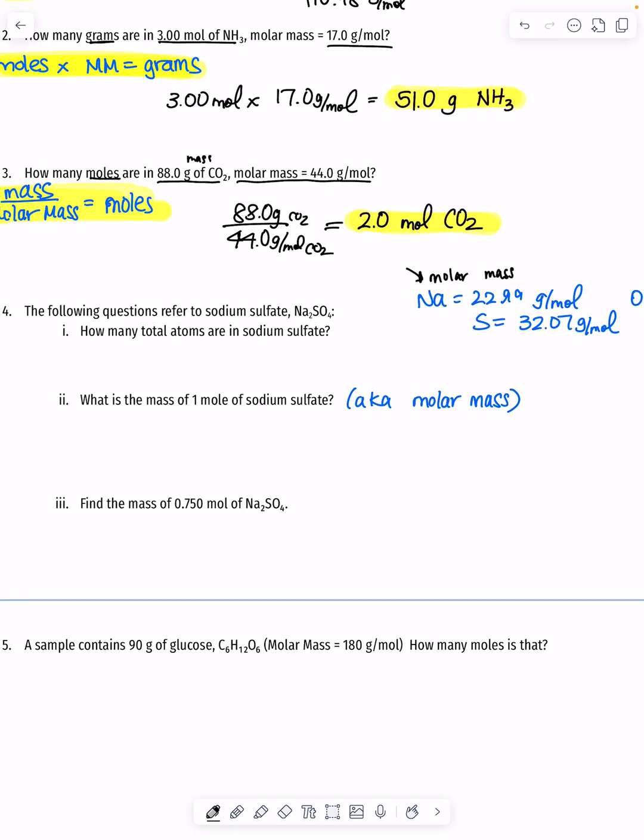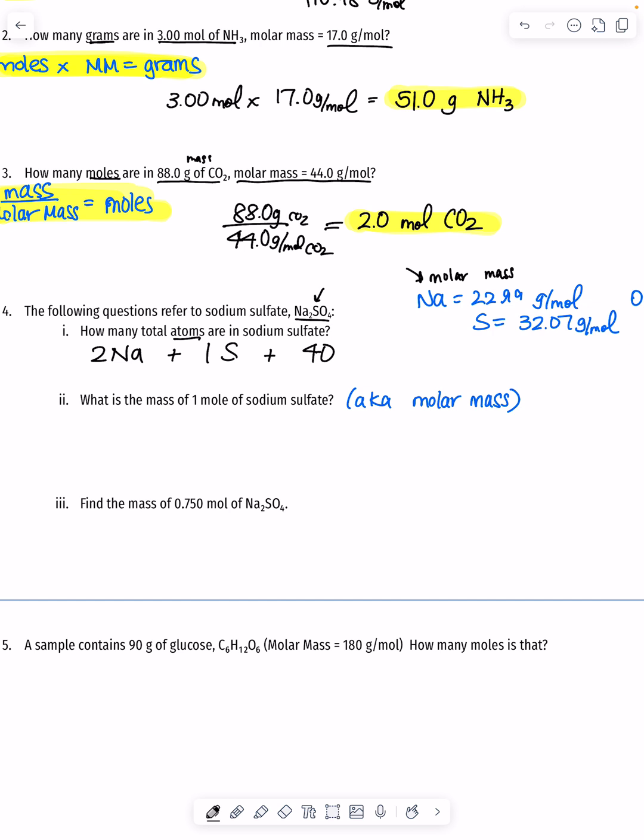It says, how many total atoms are in sodium sulfate right here? Well, there are two Nas, plus one sulfur, plus 4 oxygen, right? And there's no number next to S. That's why I said there's only one sulfur.